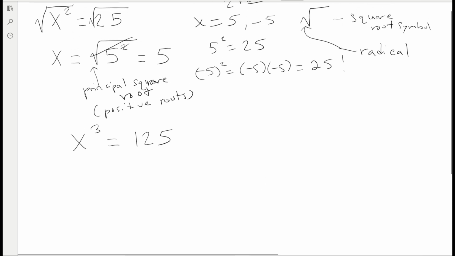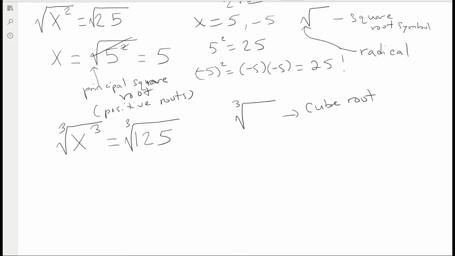If we want to use the symbols here to solve, just like we did with the square root symbol, we can also get rid of the 3 with some kind of radical. What kind of radical? Well, we can get rid of a cubed, so this is x cubed, with a cube root. Again, this symbol with the radical and the 3 on top is called the cube root. So this is the cube root symbol.